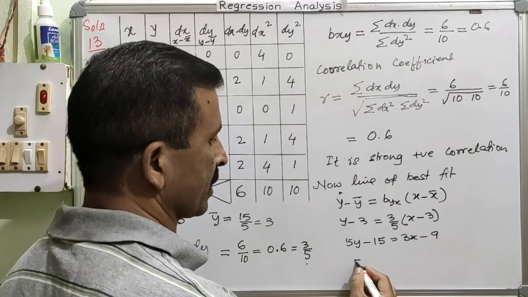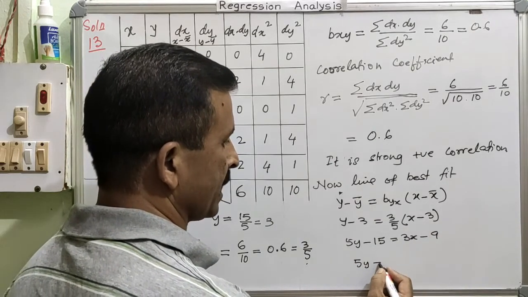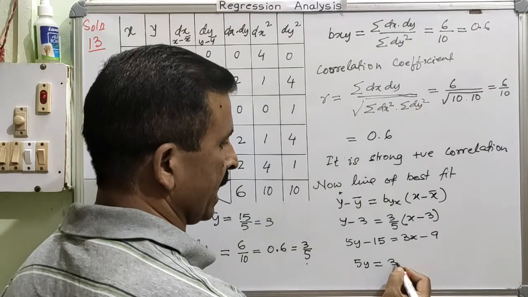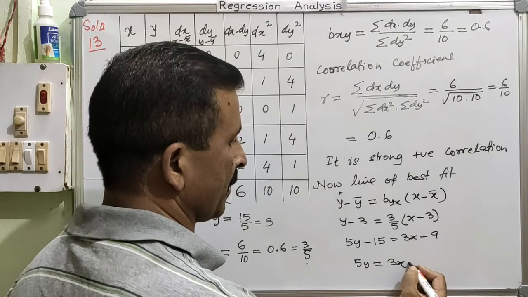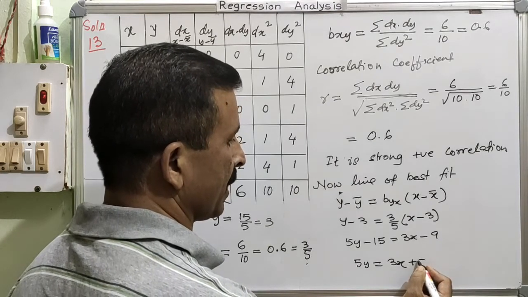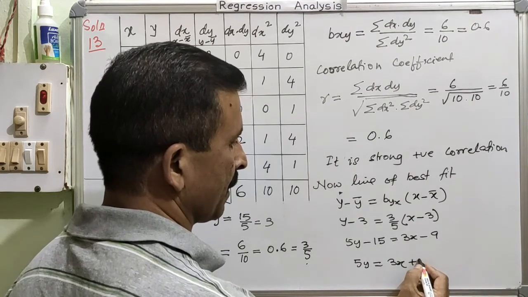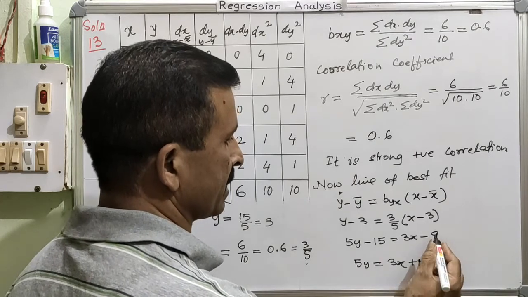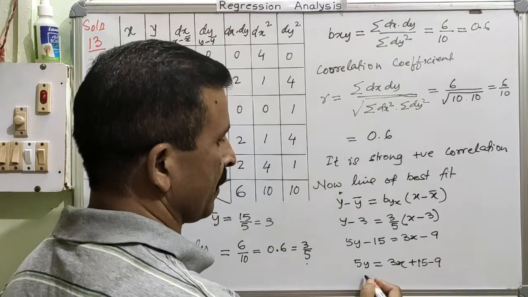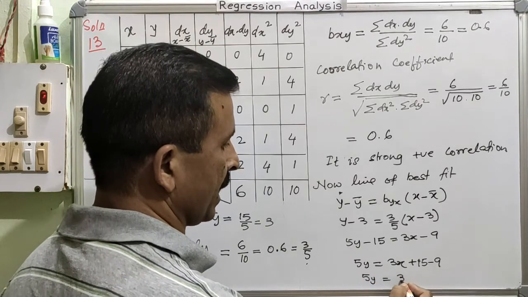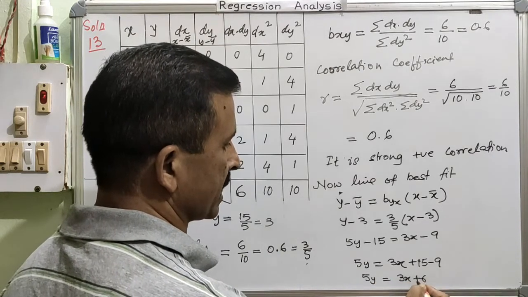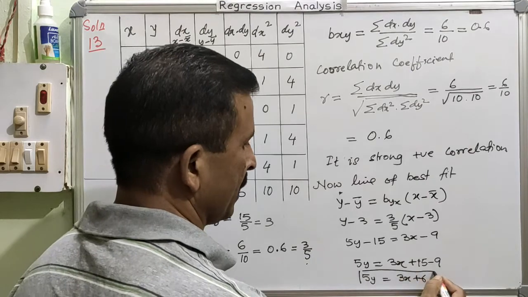Now finally my equation is 5y is equal to 3x, and this minus 15 goes to that side and becomes plus 15, and this is minus 9 as it is. Finally my equation is 5y is equal to 3x plus 6, and this becomes the line of best fit.